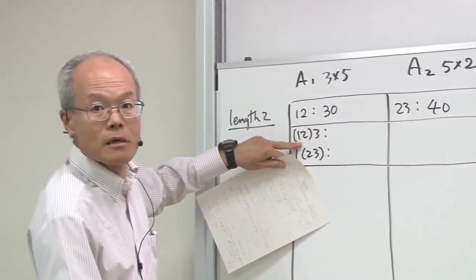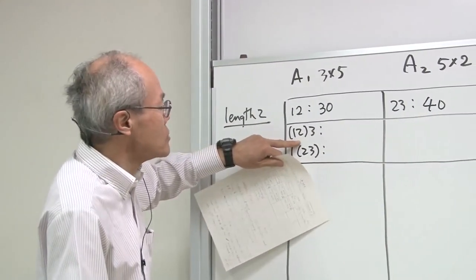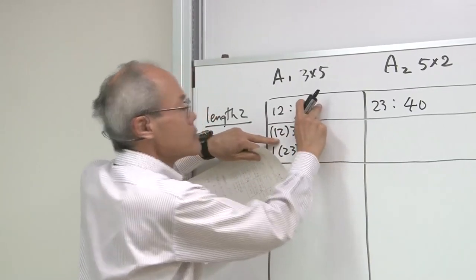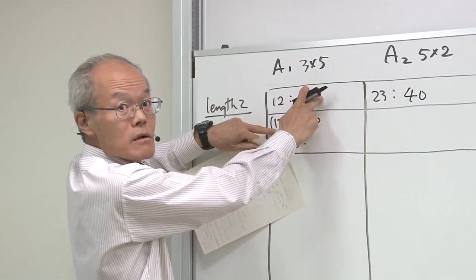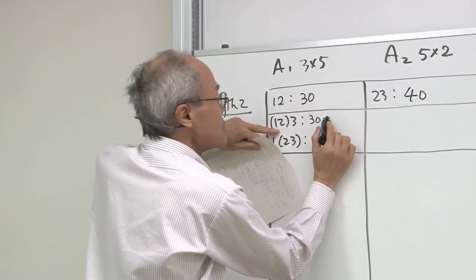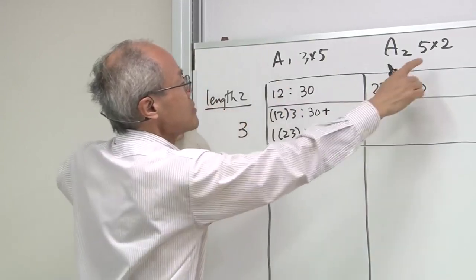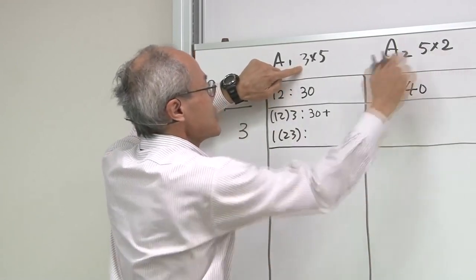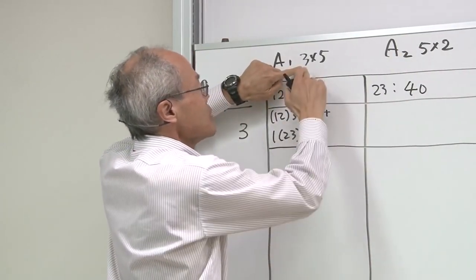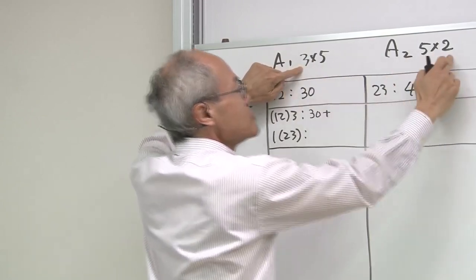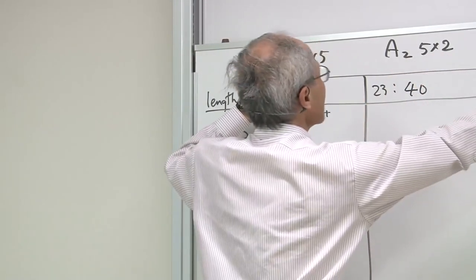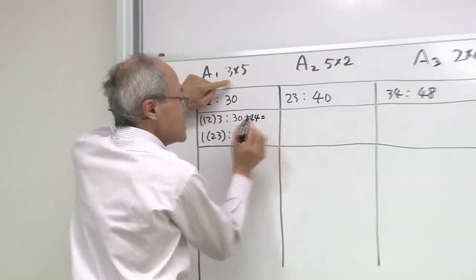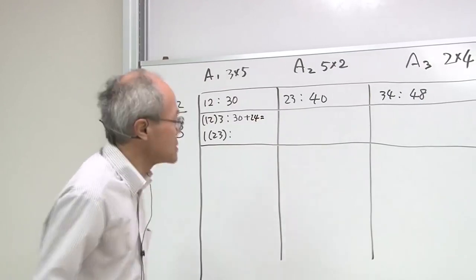For multiplying 1, 2, we need 30. Plus, if you multiply 1, 2, then the resulting matrix is 3 by 2. So in order to multiply 3, we need 3 times 2 times 4. How much is that? 24. So this is 54.